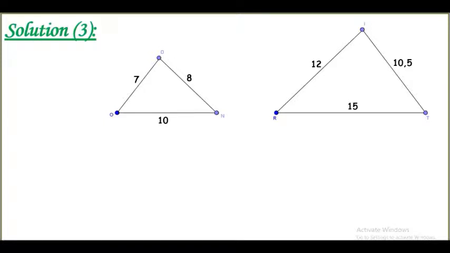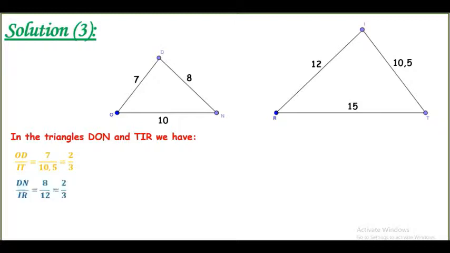So in the triangles DON and RIT we have, first I will choose OD over IT, which is 7 over 10.5, which is equal to 2 over 3. The second ratio, DN over IR, it is 8 over 12. I will simplify by 4, I will get 2 over 3.